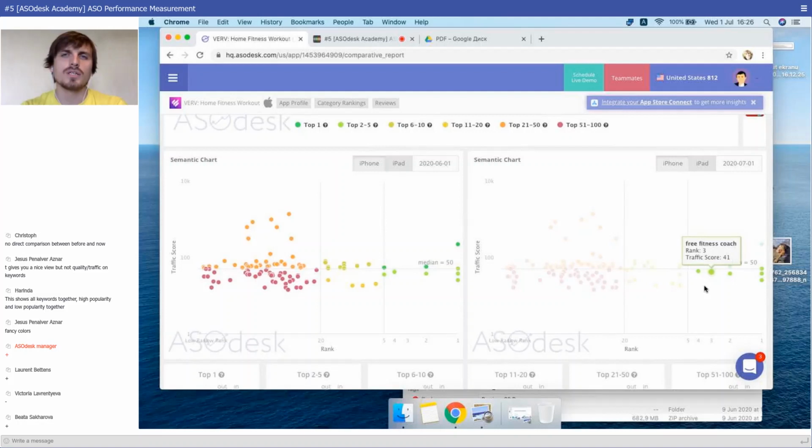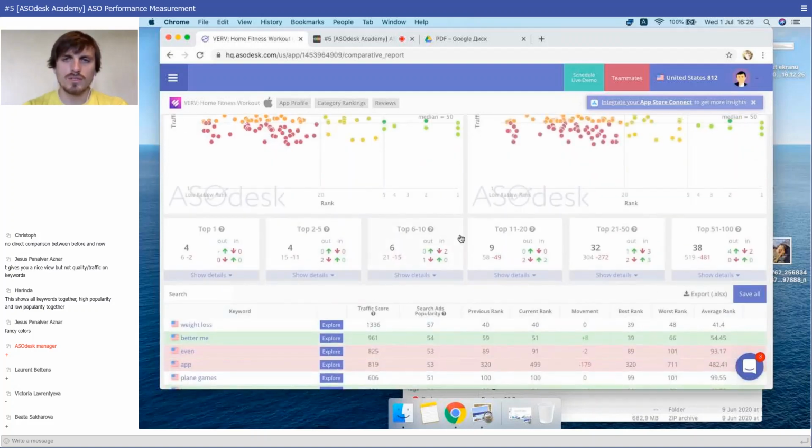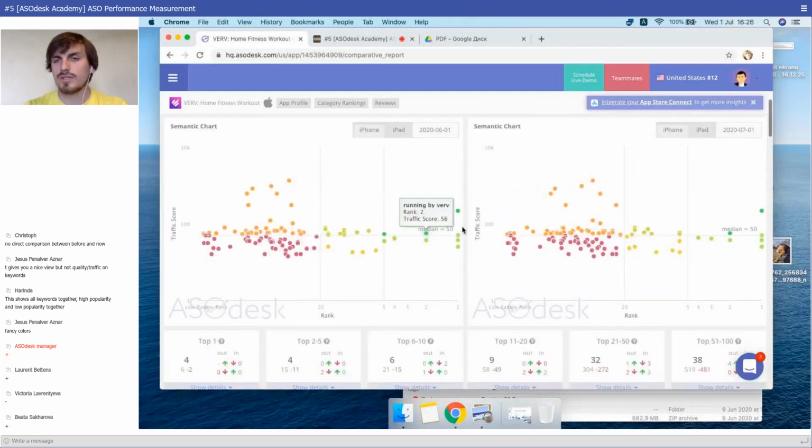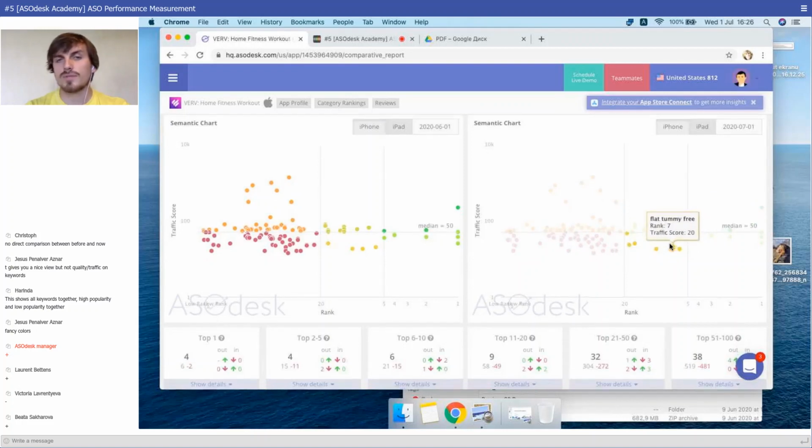So they are doing iteration for segmentation of the semantic core and trying different small semantic cohorts. We are doing this with each visibility zone, for a very short, quick and efficient understanding of changes by positions and the traffic score of these keywords.